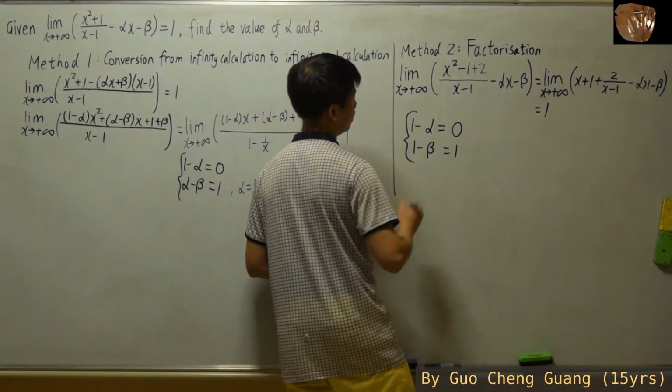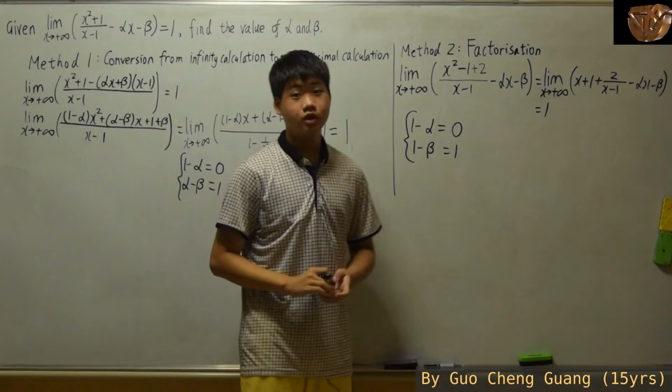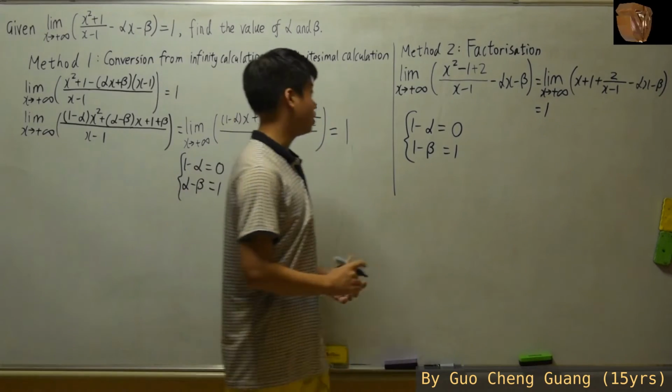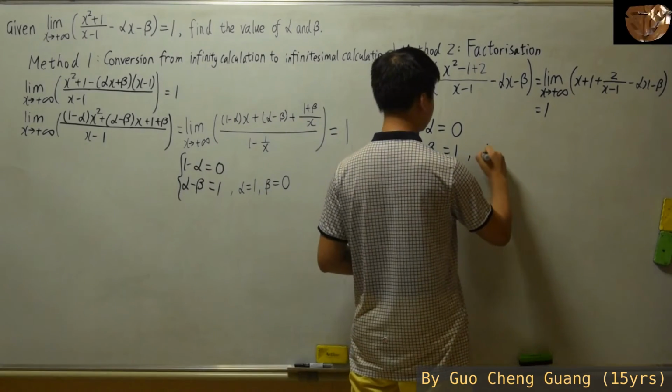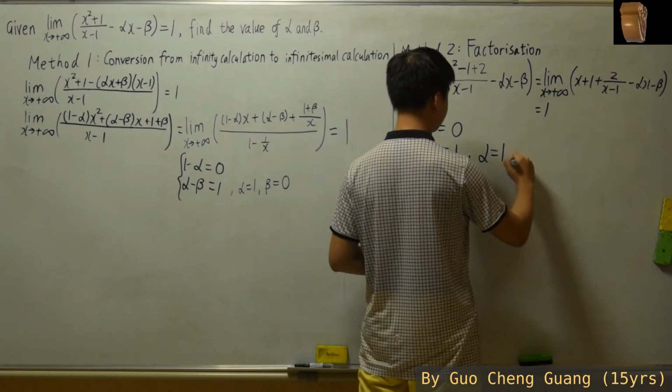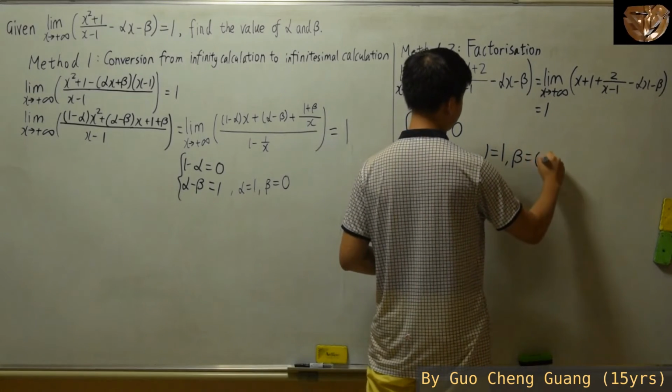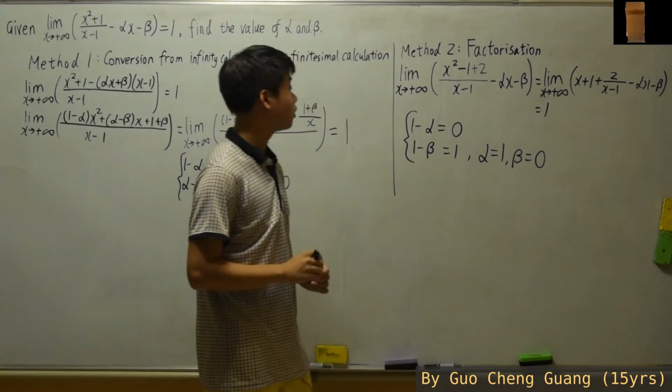Alright, so in this case you have this kind of simple pair of simultaneous equations. Well, once again you get alpha is equal to 1 and beta is equal to 0.